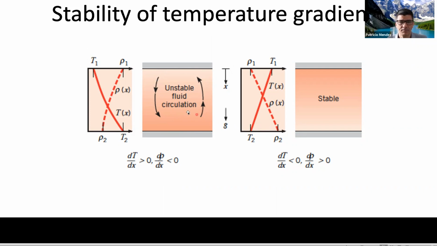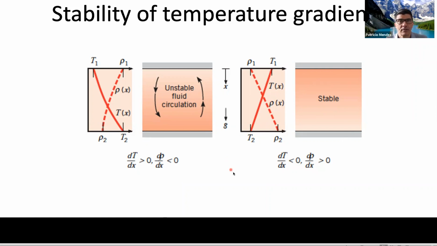This is the case, for example, of the atmosphere during the day. The lower atmosphere that was in a stable condition at night, when the sun hits and warms up the ground, the ground warms up the air right on top of it, and this tries to rise.